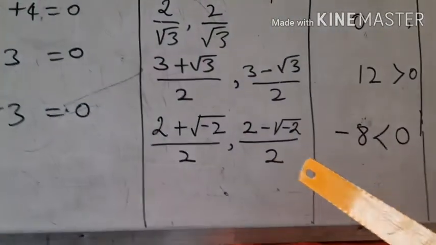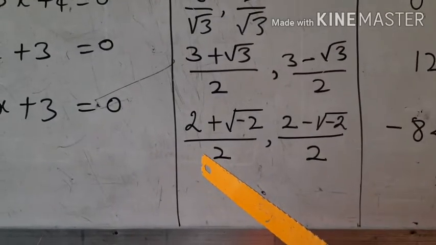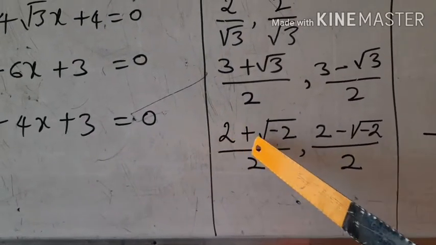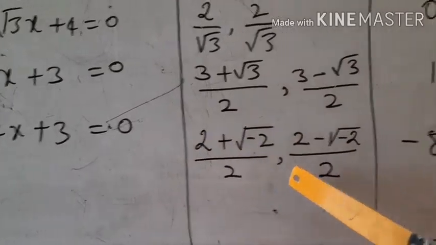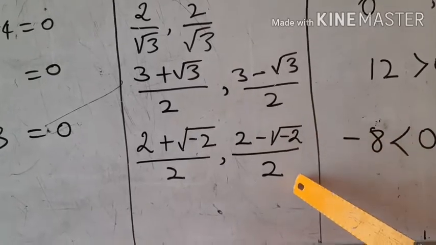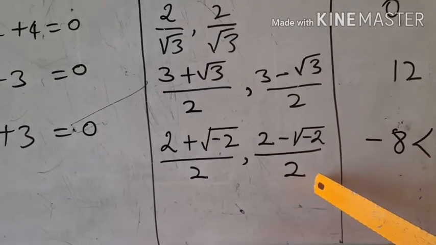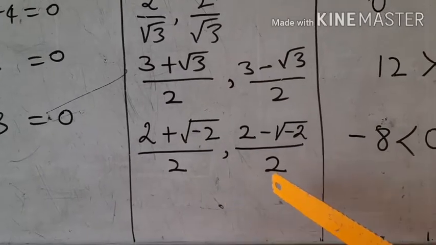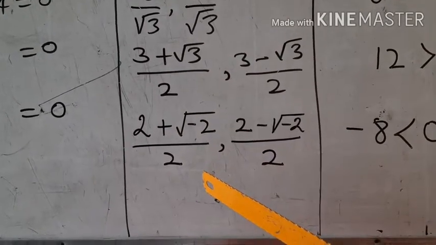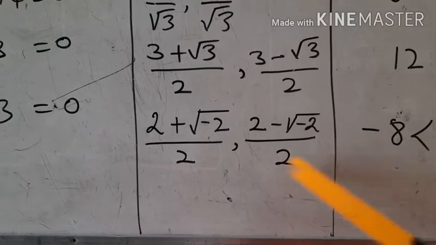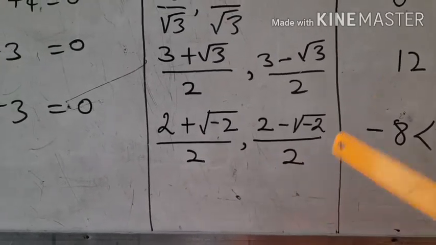So children, if we actually calculate the roots and see, we find that one root is 2 plus root of minus 2 upon 2, and the other root is 2 minus square root of minus 2 upon 2, which are complex roots or imaginary roots. Then we say that the roots do not exist, or no real roots. Is it clear? Okay.